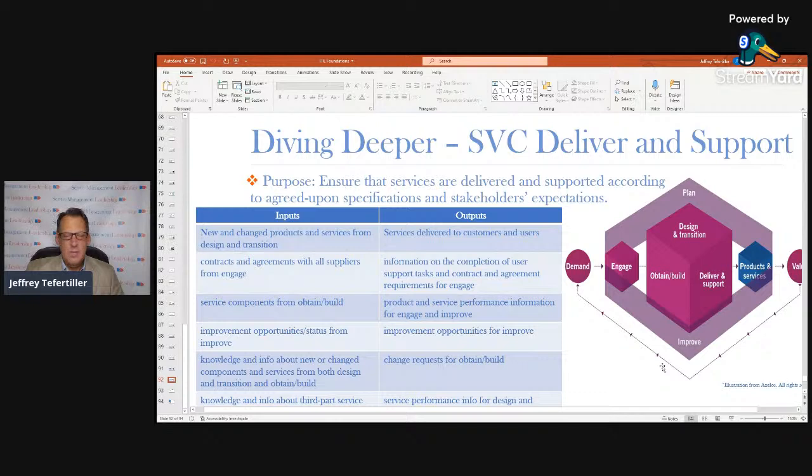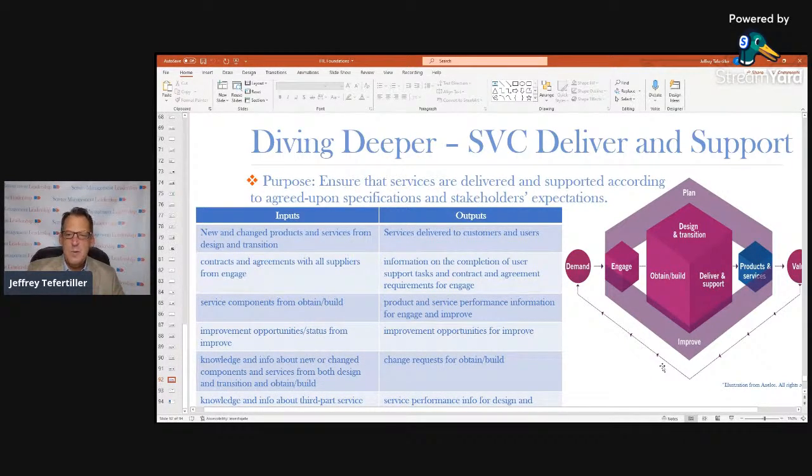If you think of ITIL 4, that's service operations. So our inputs are new and changed products and services, change enablement, change management. Outputs are services delivered. Third one down, service components from obtain and build are what we're inputting. We're outputting product and service information to be used back upstream.